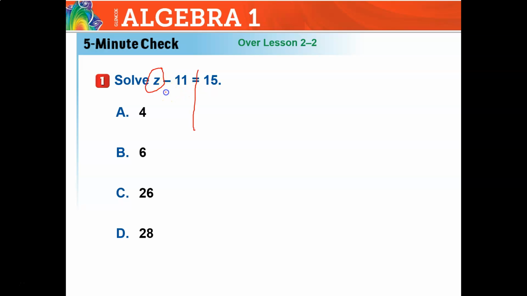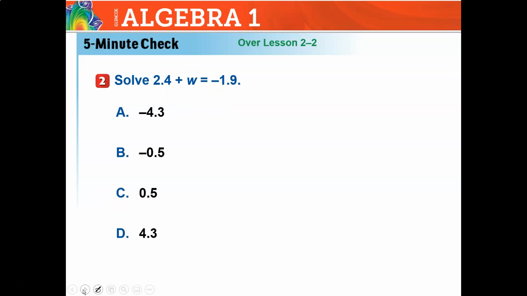What's the opposite of minus 11? We're going to add 11 to both sides. Minus 11, that cancels out. What is 15 plus 11? 26. Z is equal to 26.